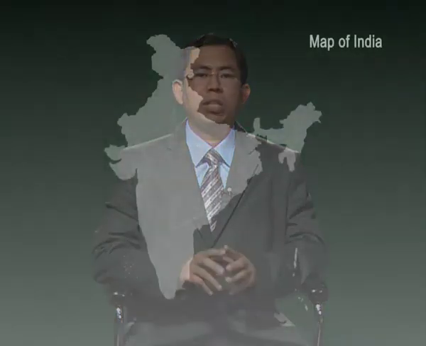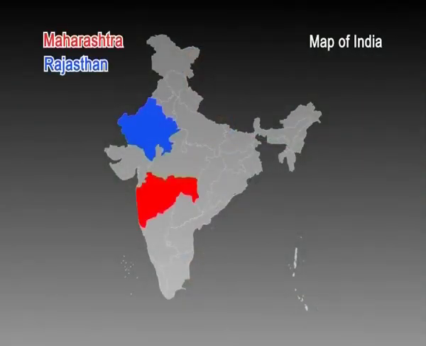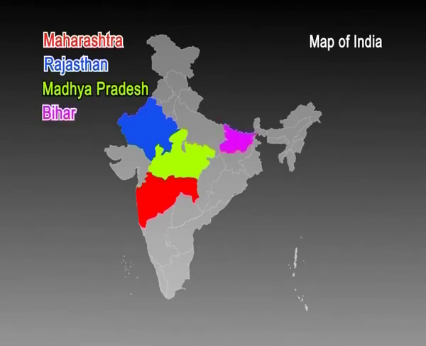Its commercial cultivation is being done in Maharashtra, Rajasthan, Madhya Pradesh and Bihar. Small flowered varieties are commercially grown for loose flowers in Tamil Nadu, Karnataka and Maharashtra.